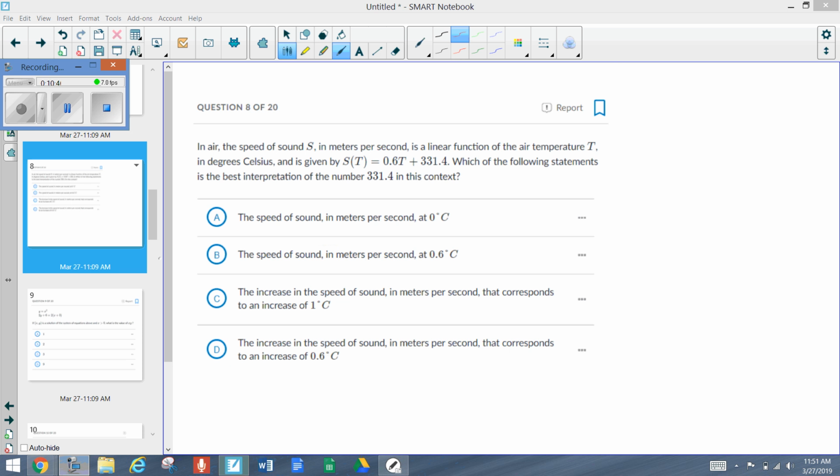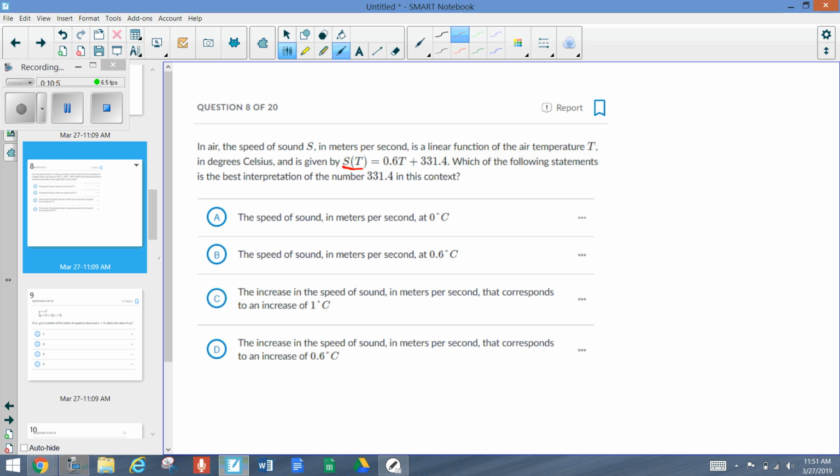In air, the speed of sound s in meters per second is a linear function of the air temperature T. So we have this formula. Which of the following statements is the best interpretation of the number 331.4 in the context? Let's check.